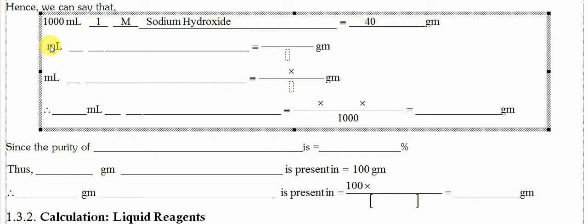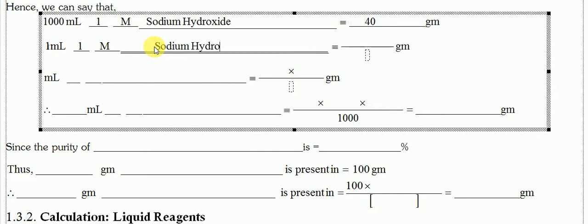The next line, we are writing this formula elaborately, so we are using 4 lines, but actually you will find that in your laboratory manual you have only 2 lines, and the 2 lines will also be presented in your data sheet, but for better understanding we are writing 4 lines. Okay, now 1 ml 1 molar sodium hydroxide is 40 divided by 1000.